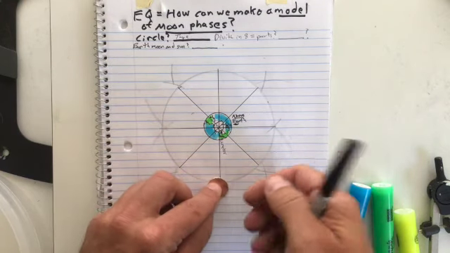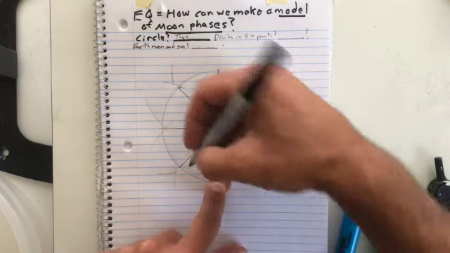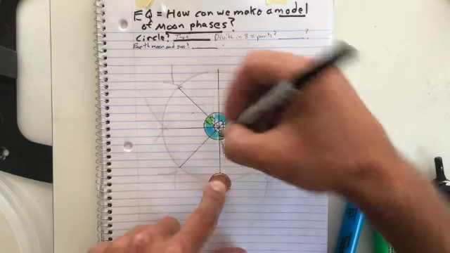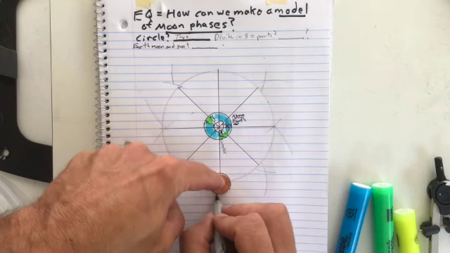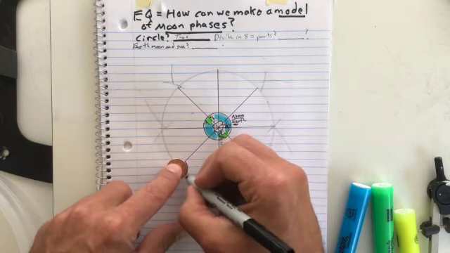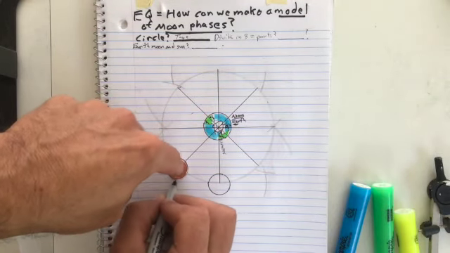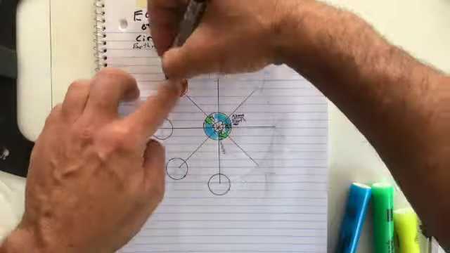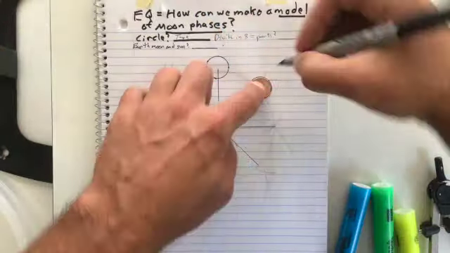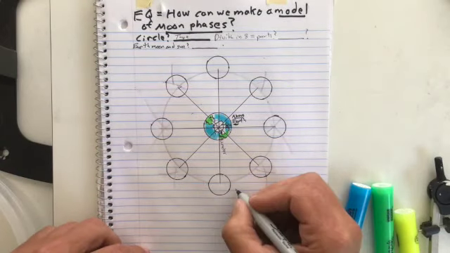So let's take our moon and put it, we've drawn a line for orbit here. Let's put one here. And we're going to go to each line that we made in our model before. Okay, so here we have the moon.